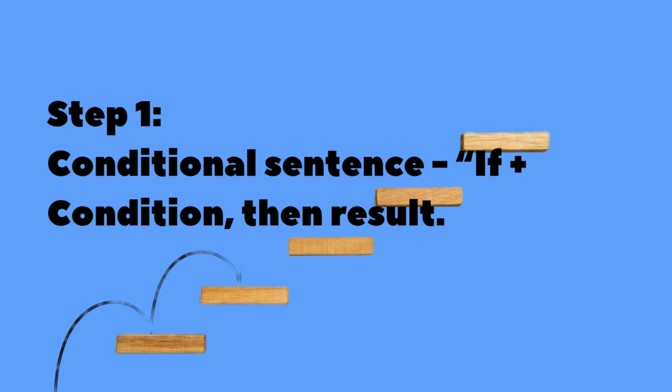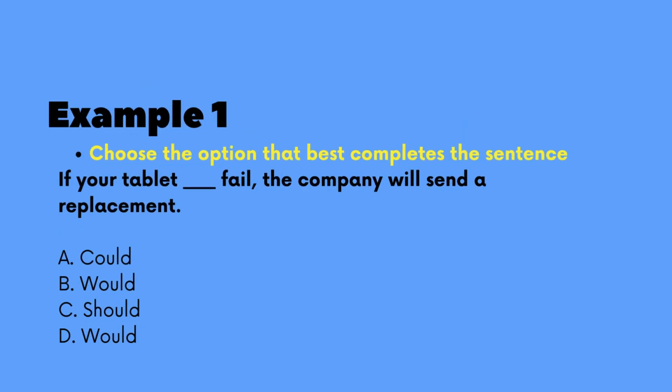So what I know is if I have if, and then there's a condition, and then there's a result, this basically is what we already known as a conditional sentence. So if your tablet dash fail, the condition is fail. The result is the company will send a replacement.